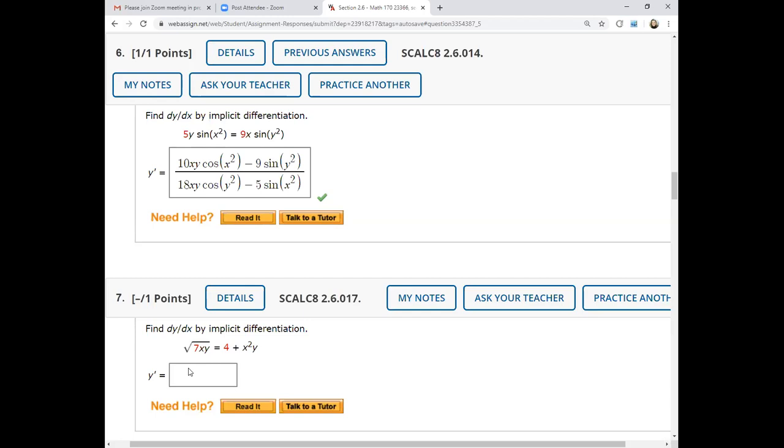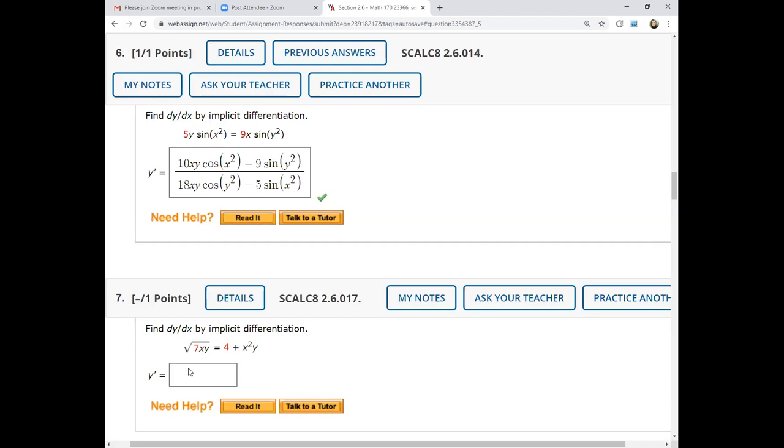So the derivative of the first function, the derivative of 7x, is 7, times the second, which is y. So 7y. Then the derivative of the second, the derivative of y is dy dx, times the first, which is 7x.